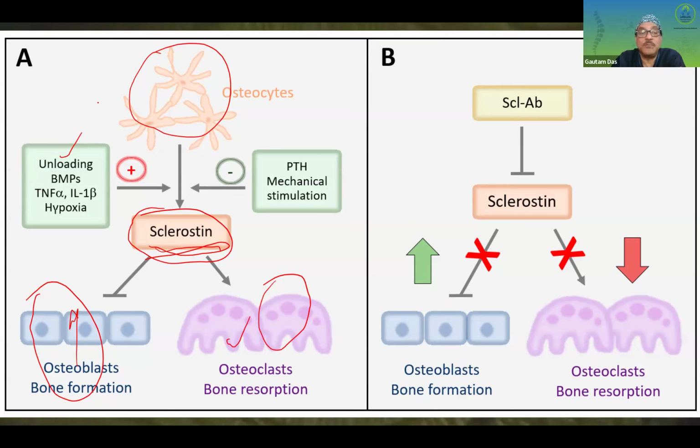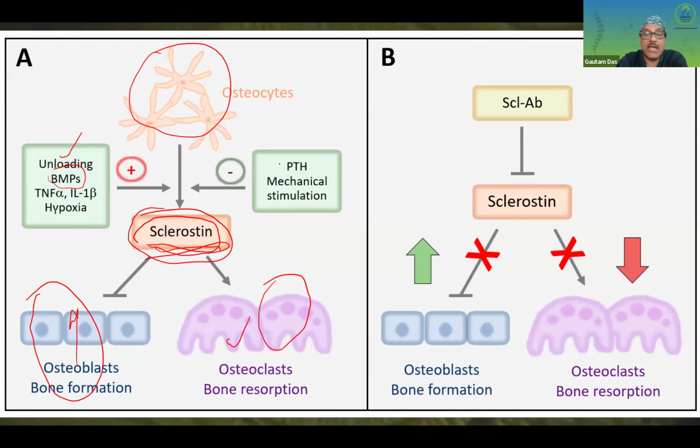Some proteins like bone morphogenetic proteins also stimulate sclerostin, as do hypoxia, TNF alpha, and interleukin 1 beta. They all produce sclerostin, and sclerostin production means more osteoporosis. It prevents osteoblastic activity and increases osteoclastic activity.